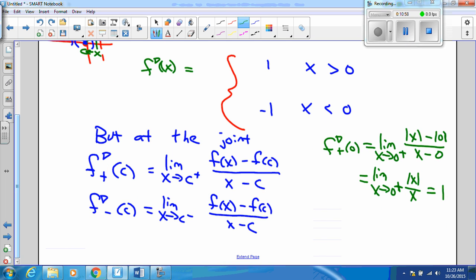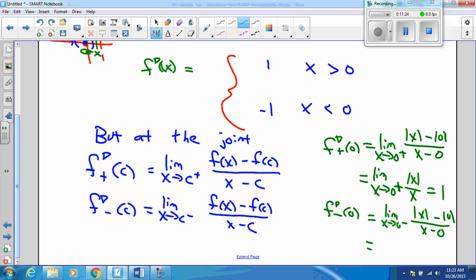And in our particular case, we would say that f prime from the left at 0 would be equal to, set it up for me. What's it going to look like? The limit as x goes to 0 from the left of the absolute value of x minus the absolute value of 0 over x minus 0. Yes.